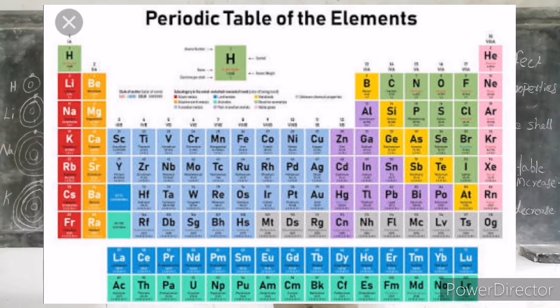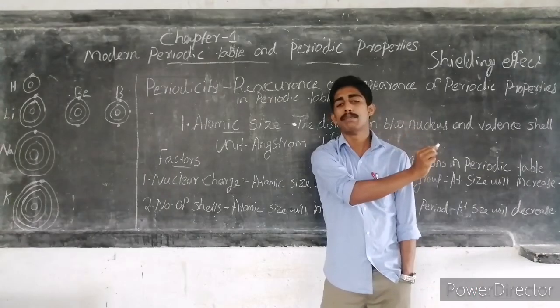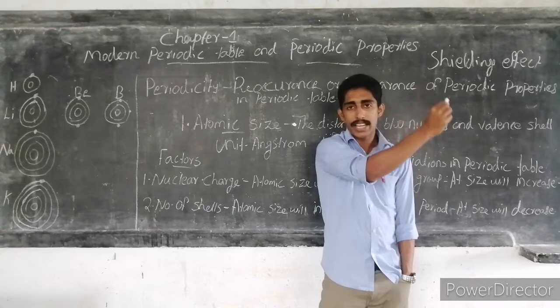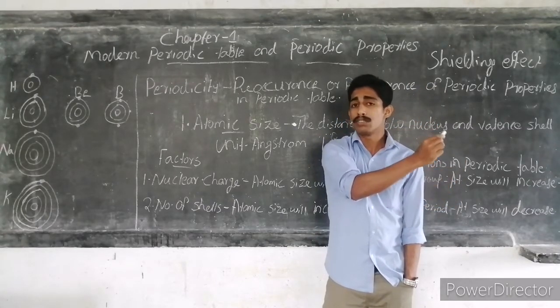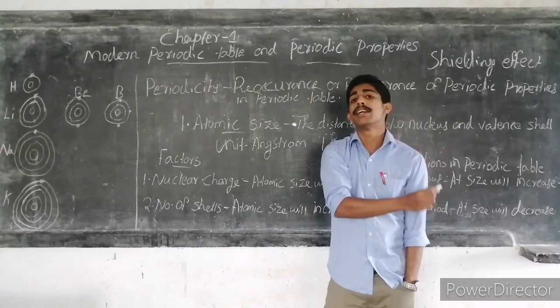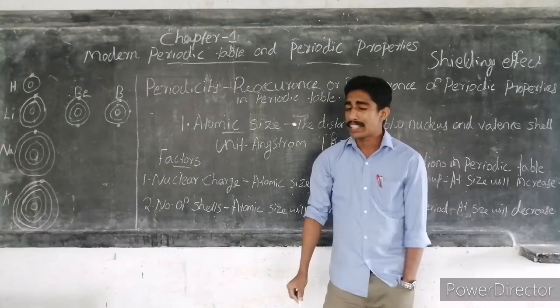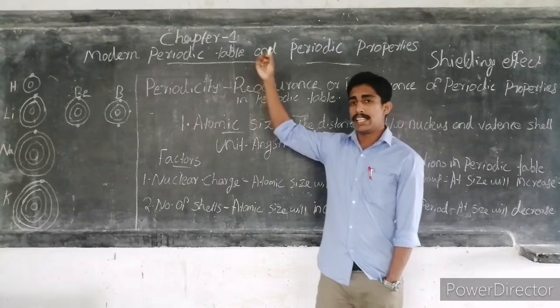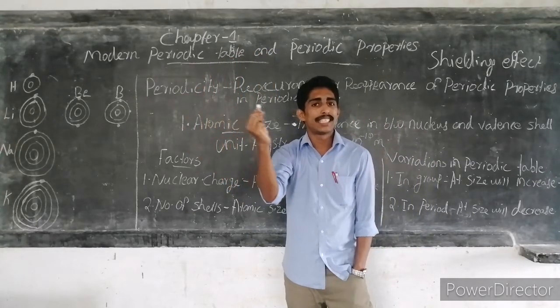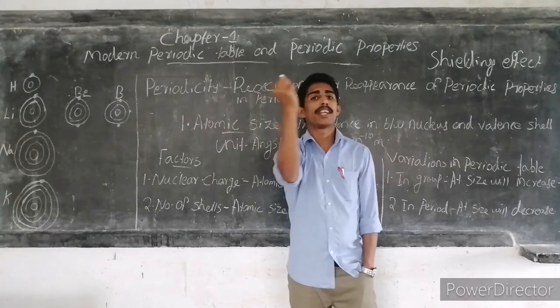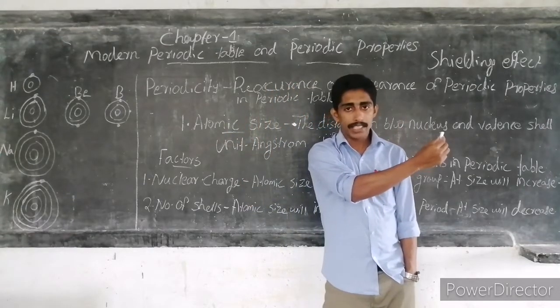So the left side group elements are all metals, and if we move from left to right in a periodic table, the right side elements are non-metals, which all exhibit the non-metallic character. So as we move from left to right, there is a change from metallic character to non-metallic character.